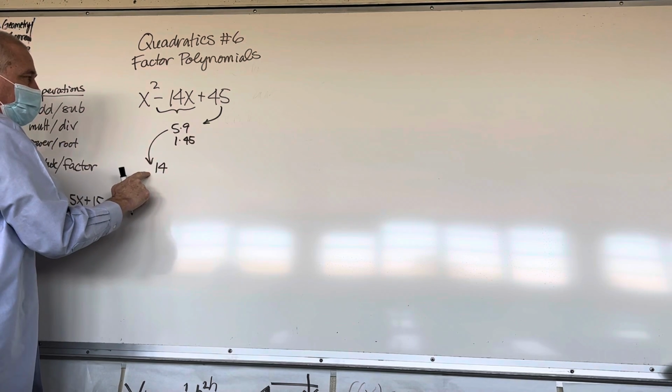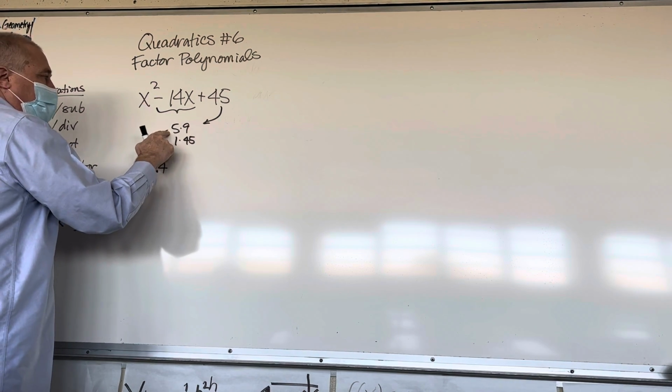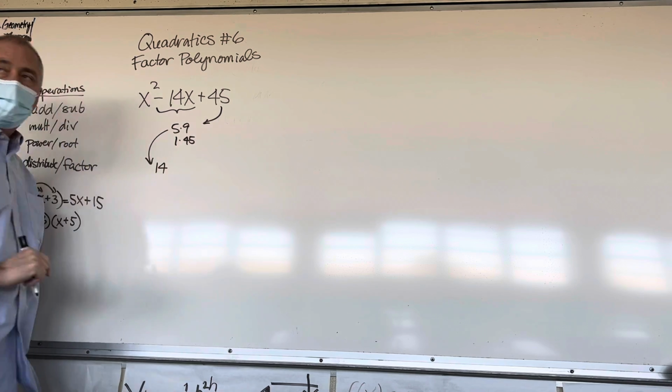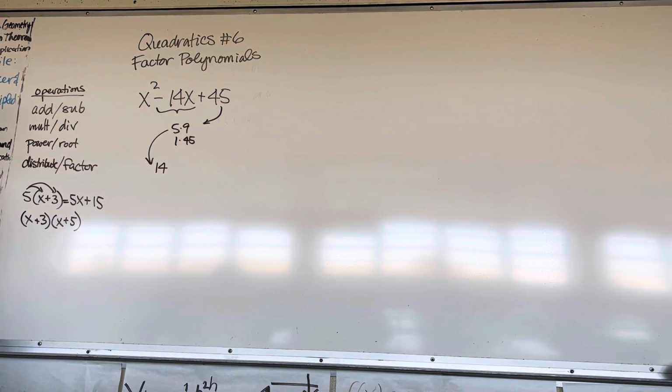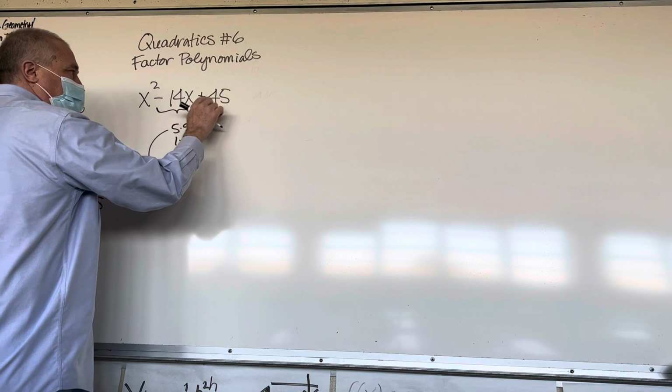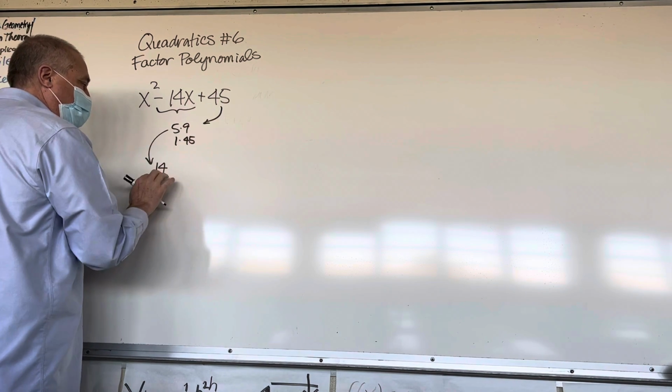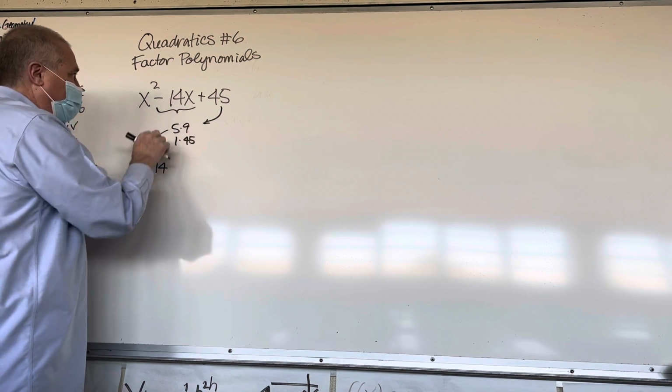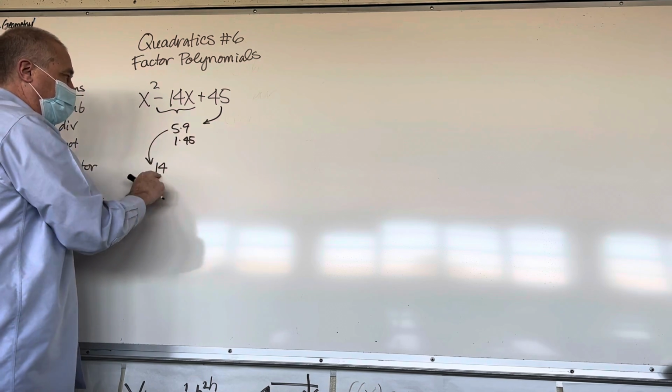It's negative. Is there a way for me to adjust these 2 factors to make this negative? I need 2 factors of 45, positive 45, and then I need them to combine or add to be a negative 14. I got a positive 14 here.